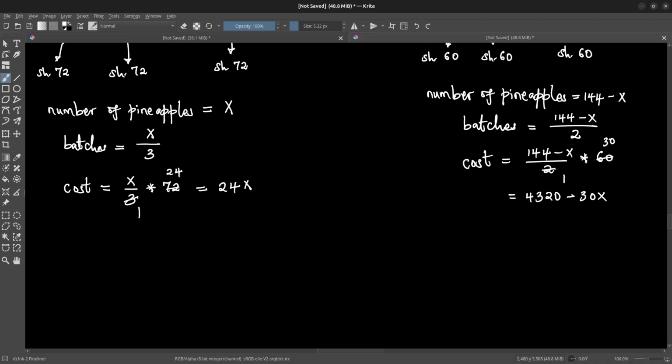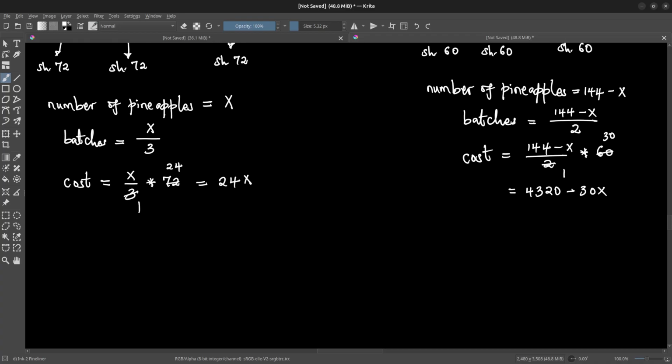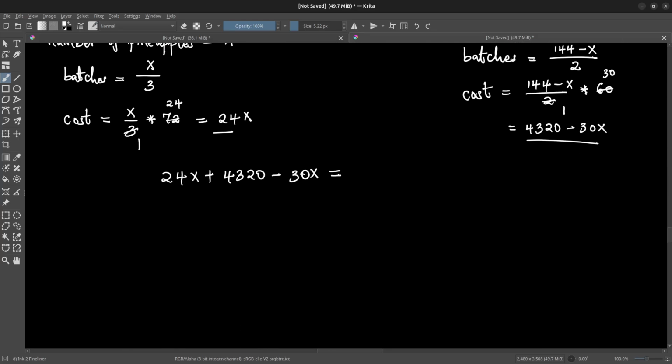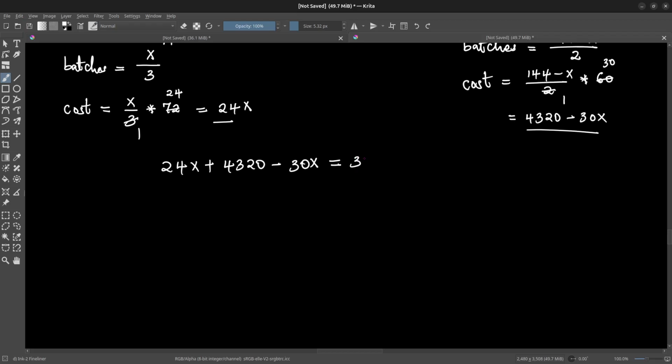So to get the selling price, we have to take this cost plus this other cost. So we say 24x plus 4320 minus 30x. This should give us the selling price, and the selling price was 39.60. So let's take the like terms together.